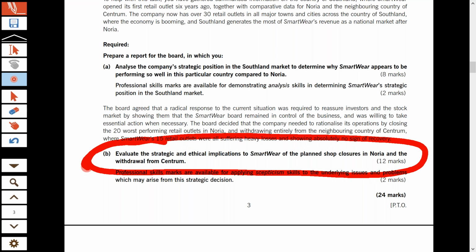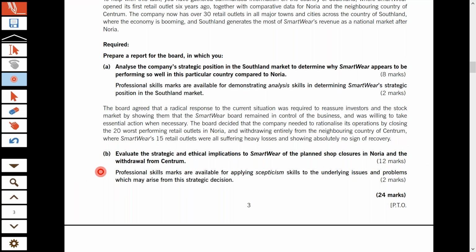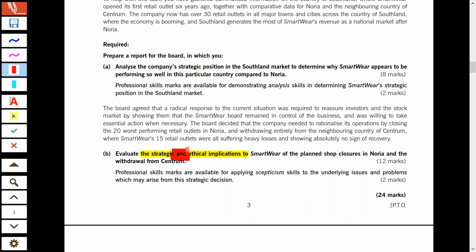Evaluate the strategic and ethical implications to Smartware of the planned shop closures and withdrawal from Centrum. Look at this, look at this. Analyze the strategic and ethical implications. Look at this word, and.